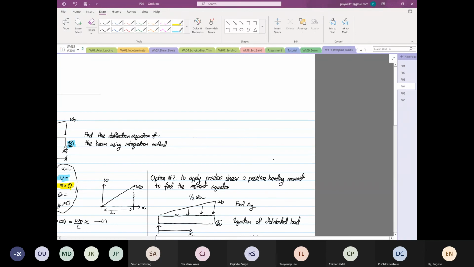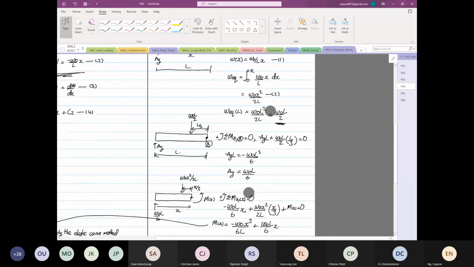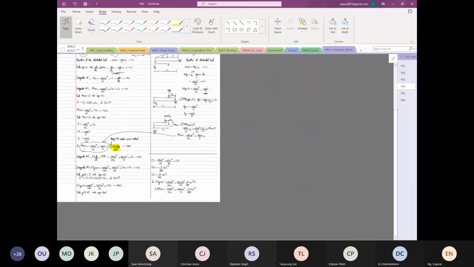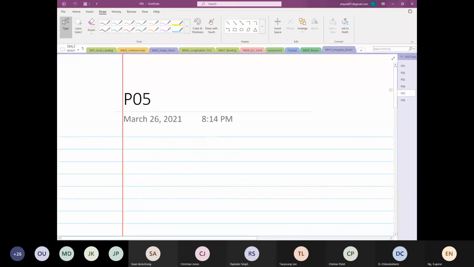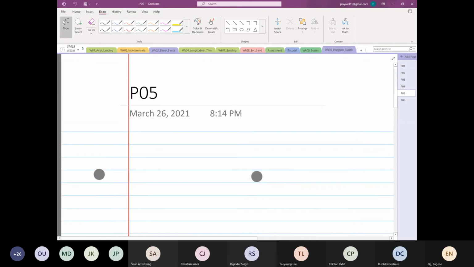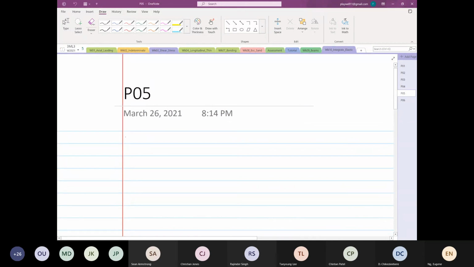The next one is the last example that I'm going to do. It is an example of a statically indeterminate structure. Example number 3.